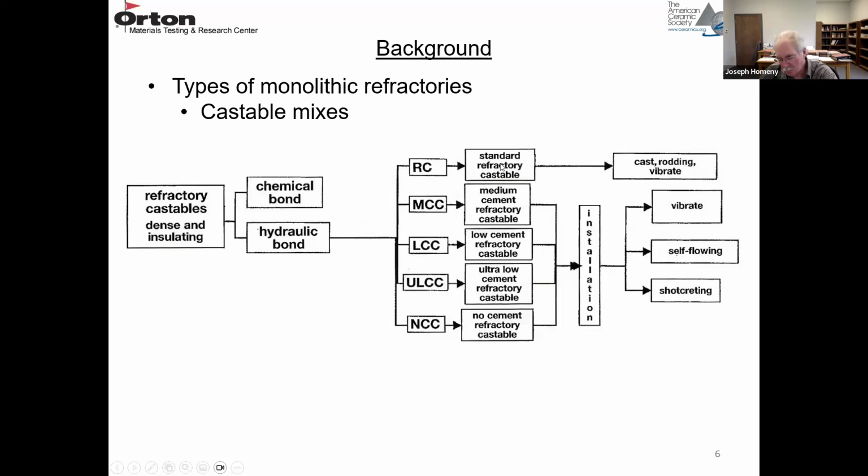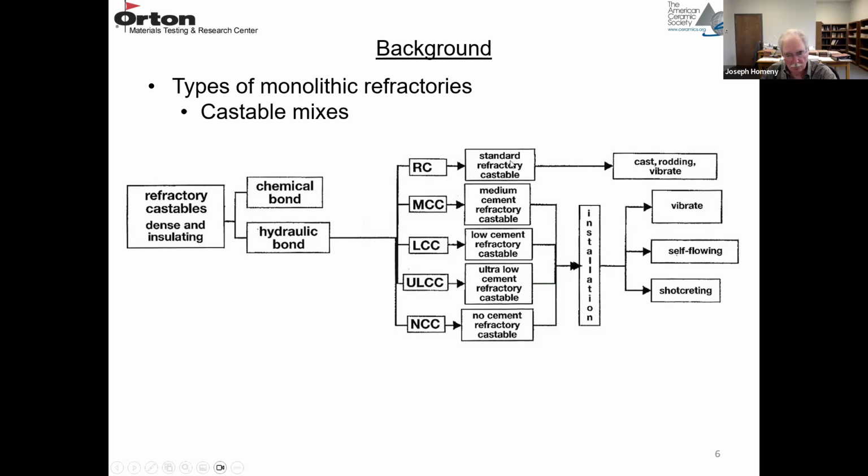It's the one that's been in existence the longest. They're the original compositions. They have a high cement content. And as you go down this column, the cement content decreases. So there's a medium cement refractory castable, a low cement refractory castable, an ultra low cement castable, and finally a castable without any cement.